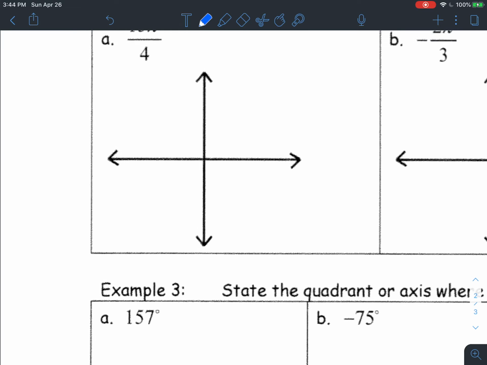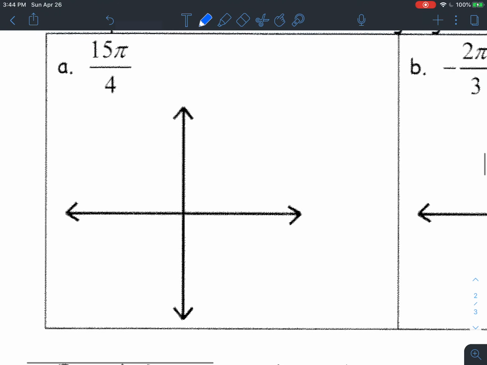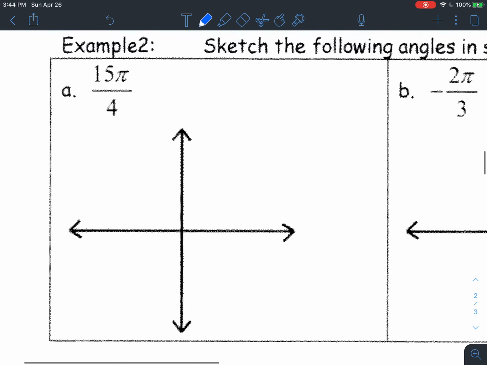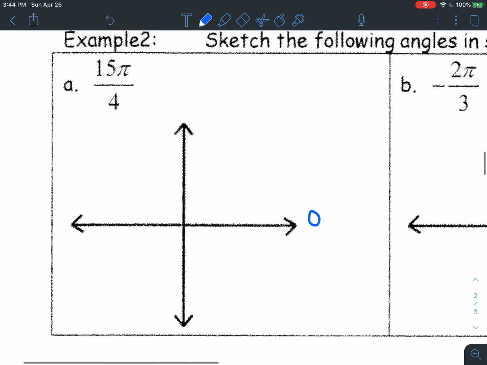Now, when it comes to standard position in radians, 0 is still 0. If I haven't rotated at all, I have gone 0 radians. But we know that a full rotation is 2 pi. That's the radius of a circle, so if I go 1 full rotation, that's 2 pi radians.